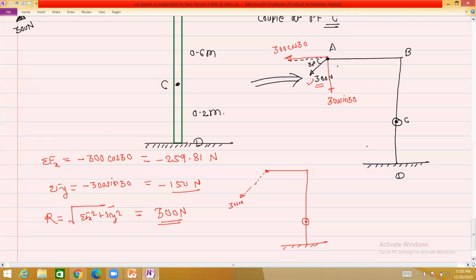Just transfer this force as it is to point C, having the same direction. So this is your resultant force, equal to 300 Newton. So we have transferred the 300 Newton, which is acting at point A, to point C.